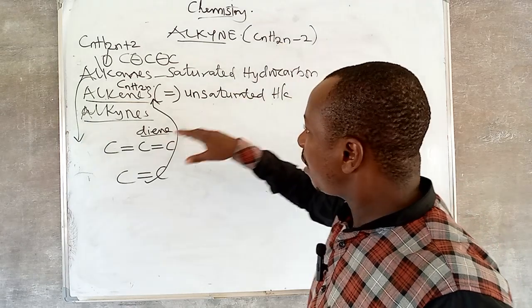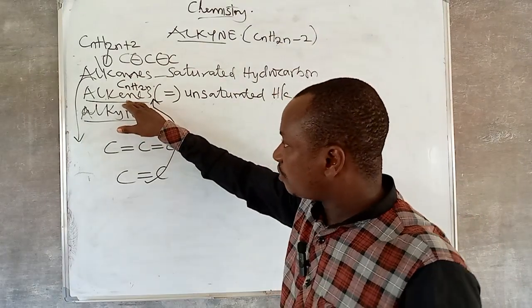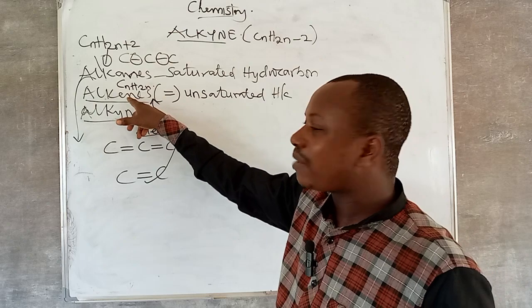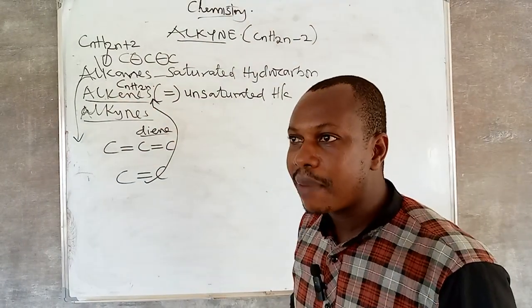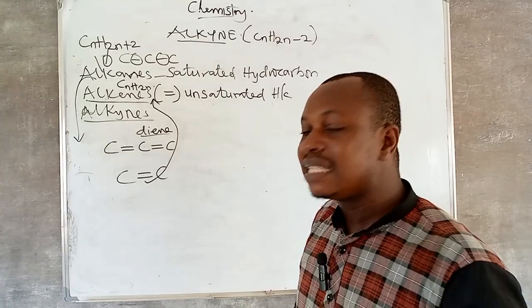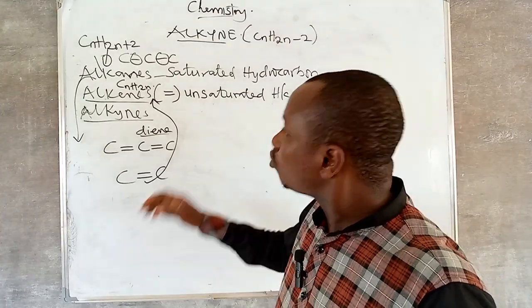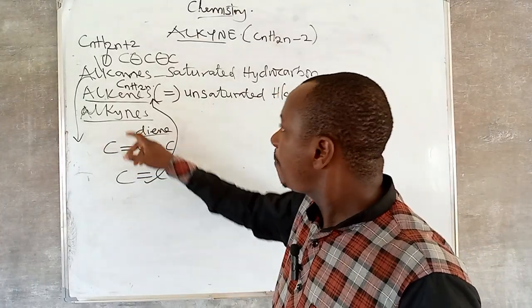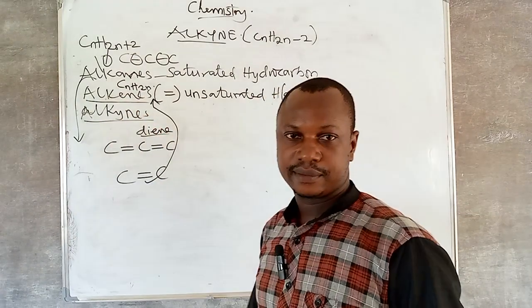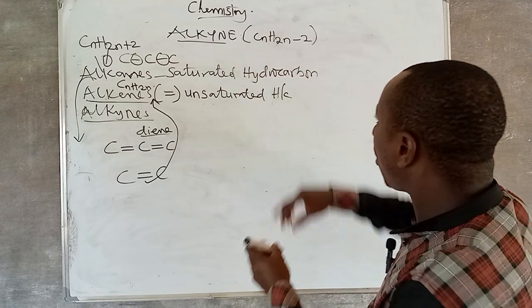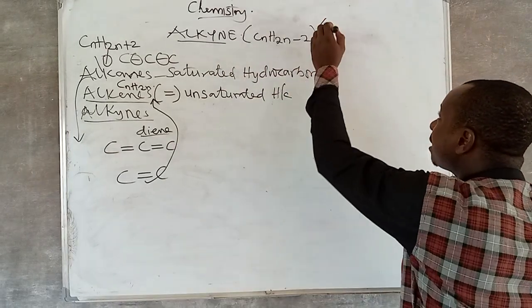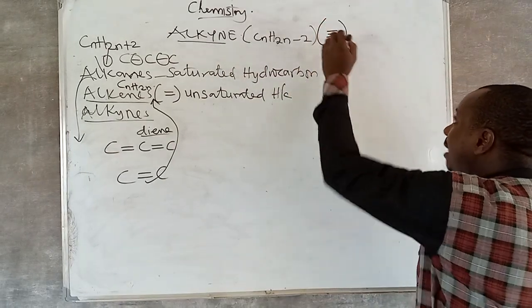I said something when we were discussing this on the last video. I told you that the simplest form of alkyne starts with n equal to 2. The first member doesn't exist, it is too reactive. The same thing happens here. This one is known by the presence of a triple covalent bond.